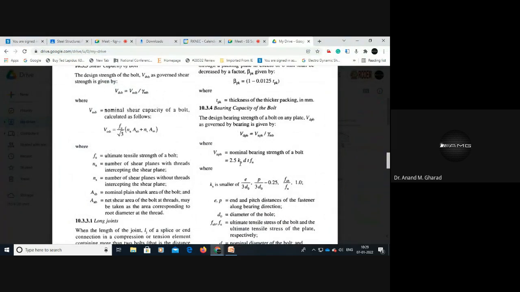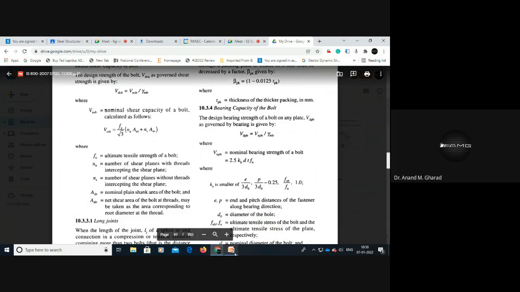And Vnpb is this value. So we have calculated kb. We know what is d. This d is the nominal diameter of the bolt. fu, you know what is the fu value. As per this statement, it is written as the ultimate tensile stress of the plate. How much is it given? 410.